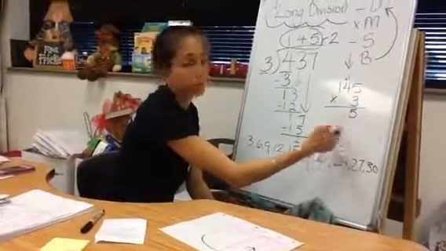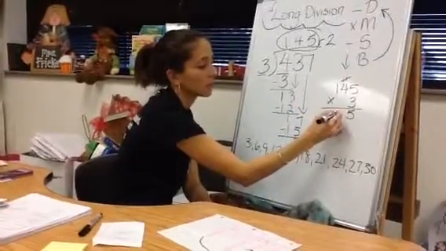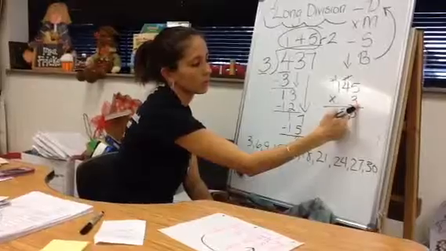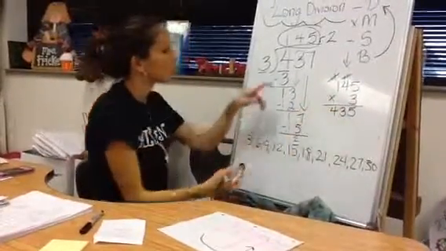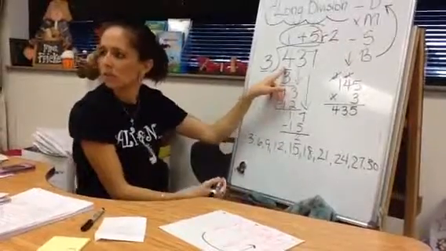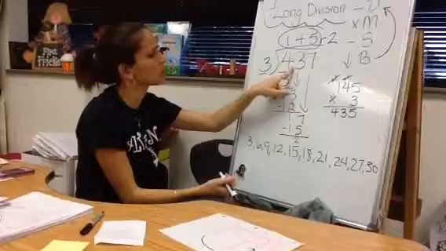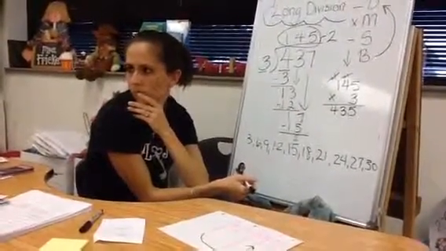Then what? 3 times 4 is 12. Plus 1, 13. 3 times 1 is 3, plus 1, 4. 435. Well, that didn't give me that number. It's got me really close. I'm only 2 away. You can add your 2.